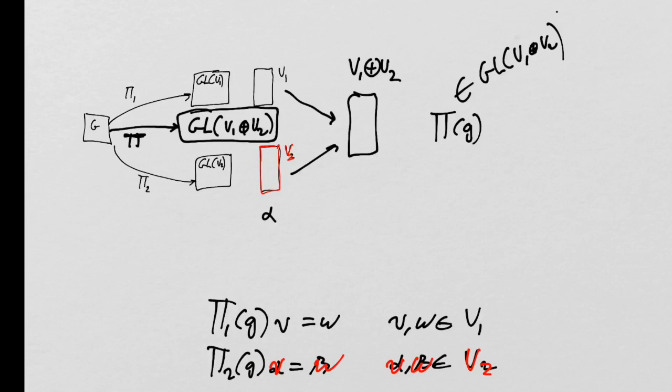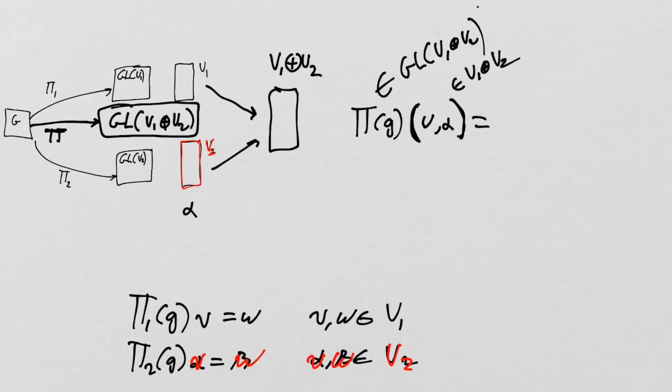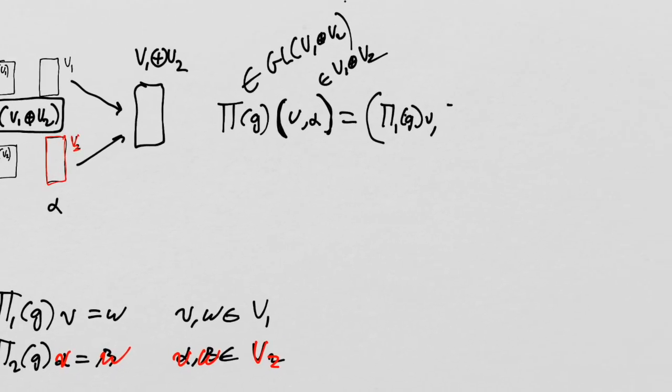That element acts on an element of V1 direct sum V2, which I'll write as (v, alpha). I get another element of V1 direct sum V2 in the obvious way: I take pi 1 of g on v and pi 2 of g on alpha. And that is also an element of V1 direct sum V2.